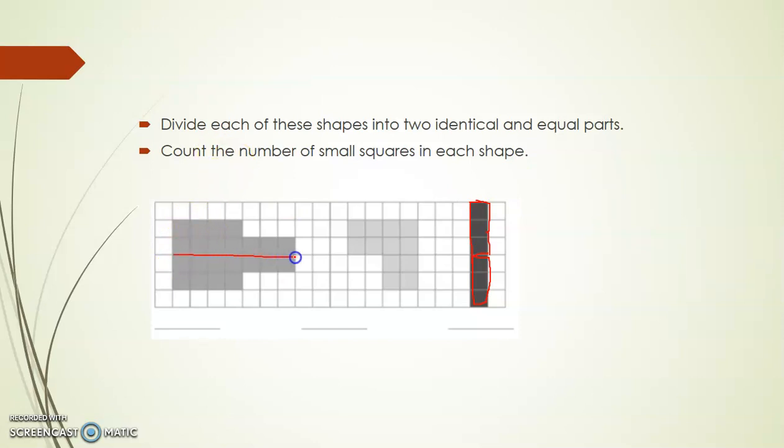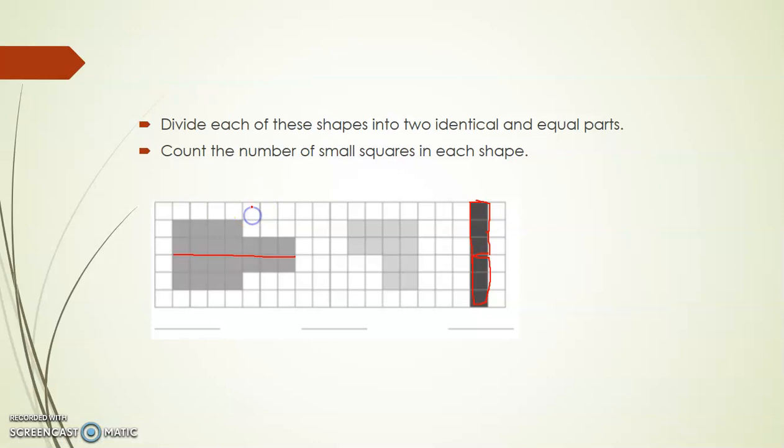Now when we divide this into equal parts, the number of small squares in each part: 1, 2, 3, 4, 5, 6, 7, 8, 9, 10, 11.